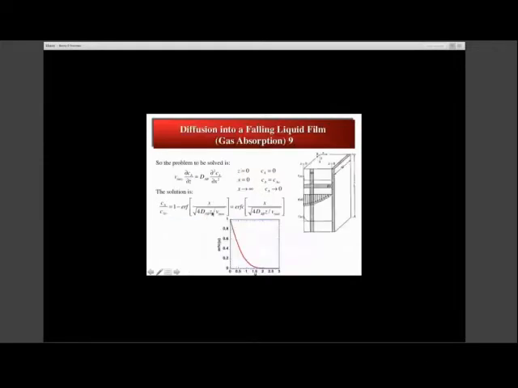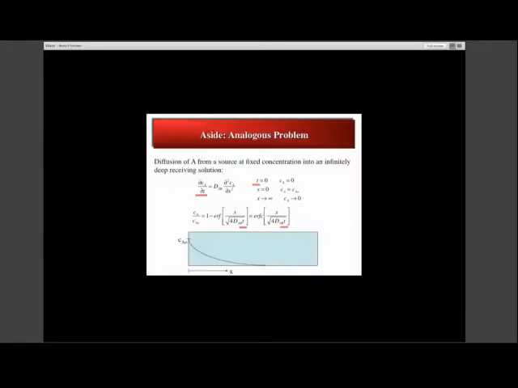Again, you see the solution here for the steady state absorption problem in the limit of short absorption times, and here's the solution to the transient problem, and they are in fact identical. So you ought to think about these problems as being similar, in that there is an analog to the transient problem that is this gas absorption problem.